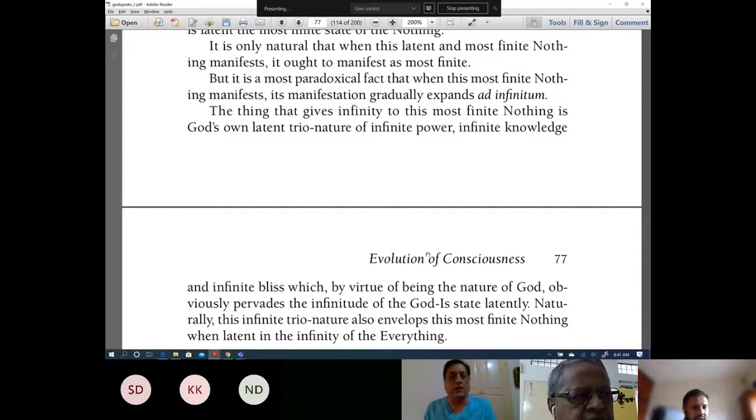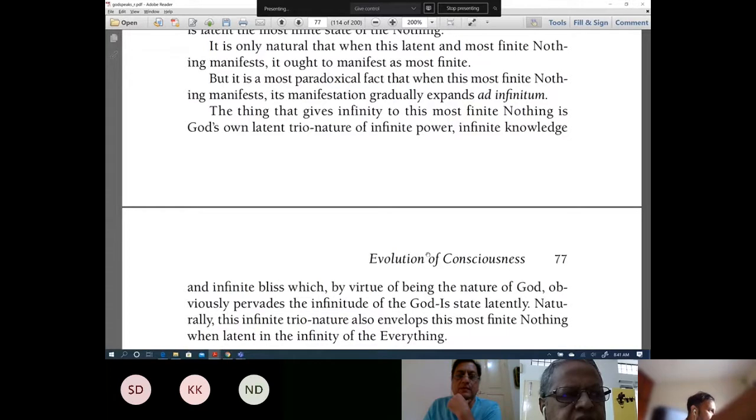So I'll at least tell you what I am understanding, and please correct me if I am not on the right track. The nothing is latent initially, and when it starts manifesting, it is manifested through the trio nature, and that nothing state goes on expanding ad infinitum, which is paradoxical because nothing is finite.